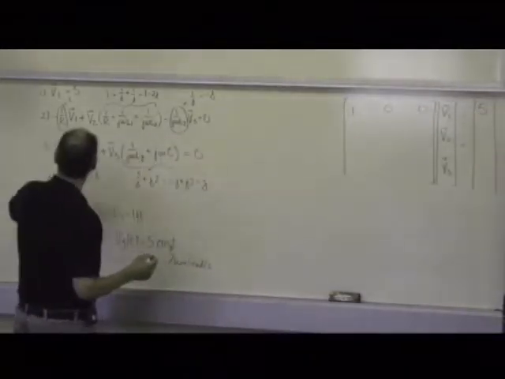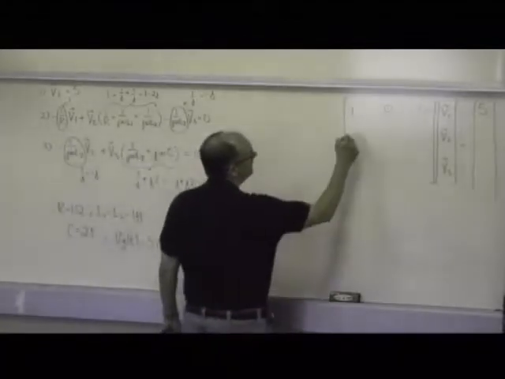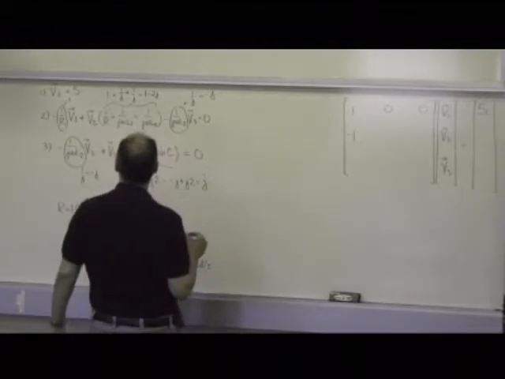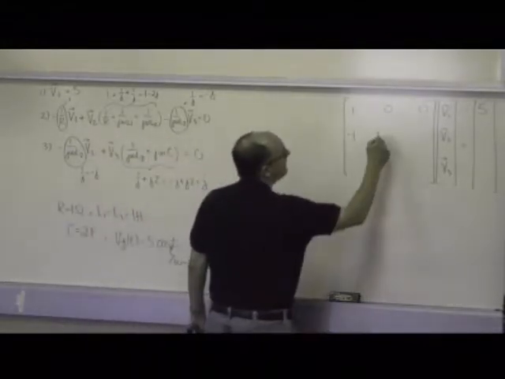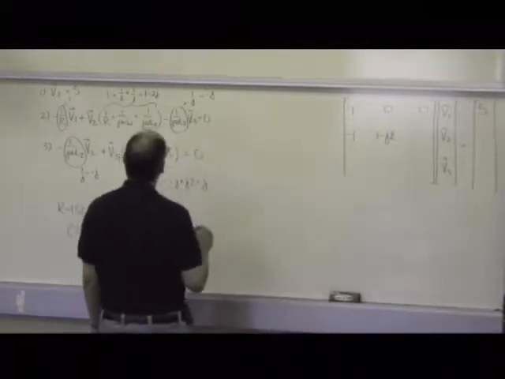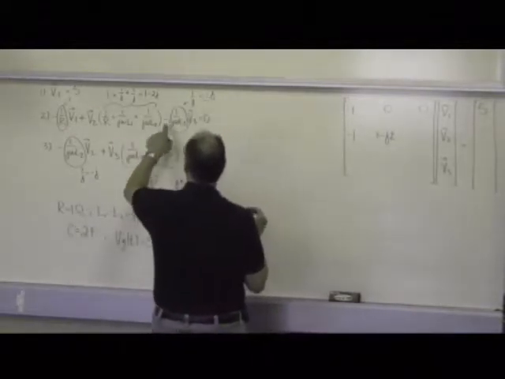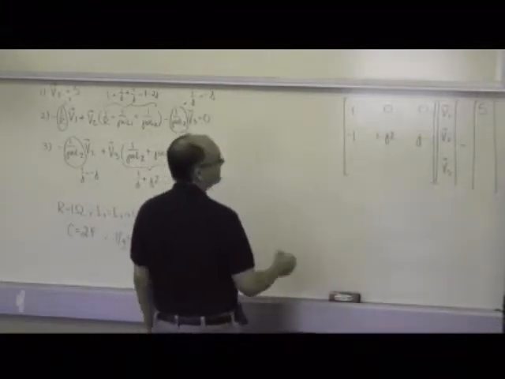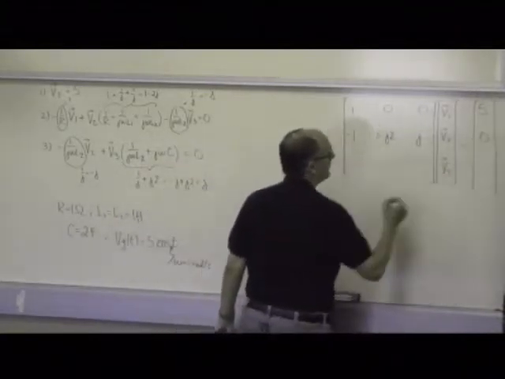The second one has minus 1 times V1, then it has 1 minus J2 times V2, and this minus J and this minus sign will give you a plus J. And there's a 0 on the right hand side.